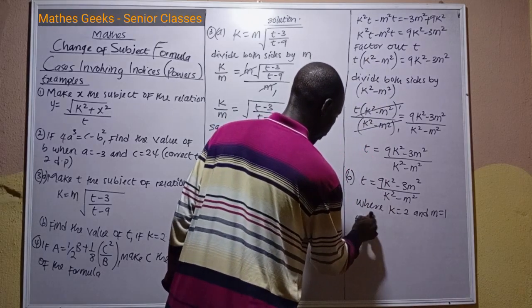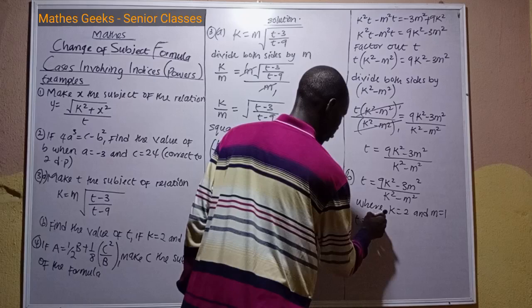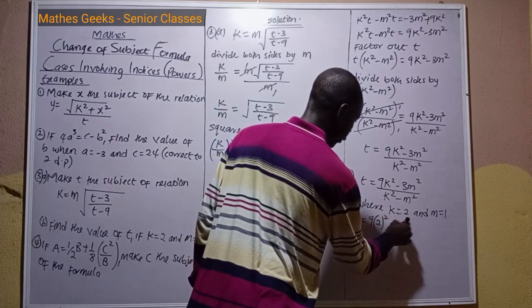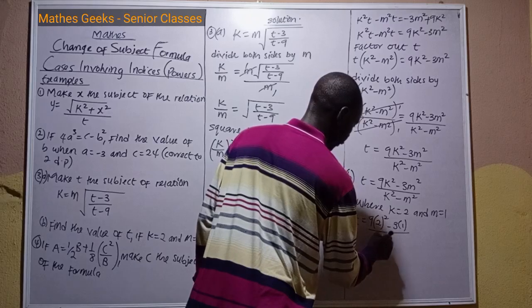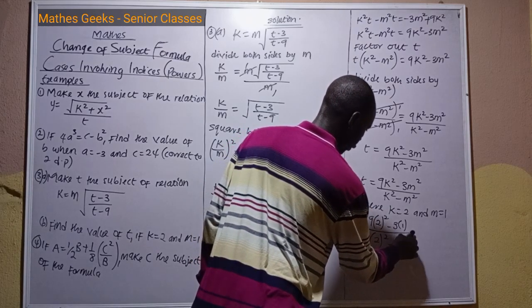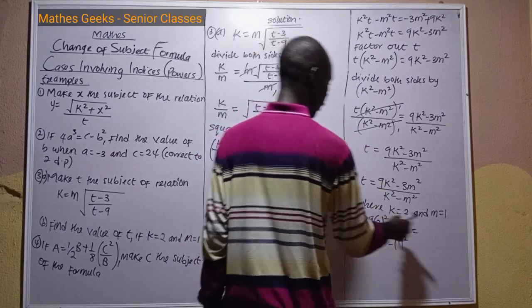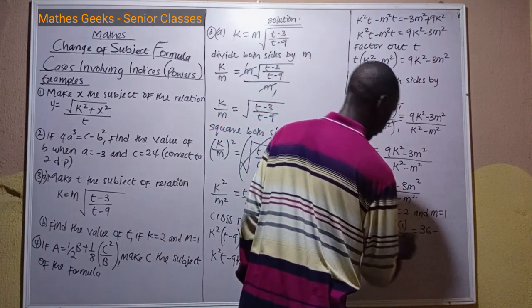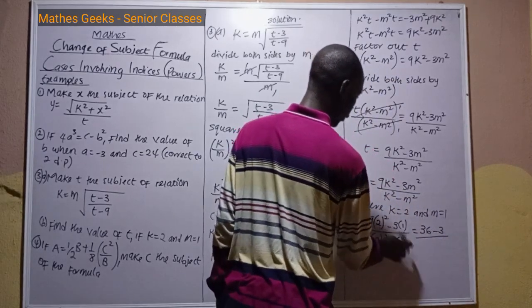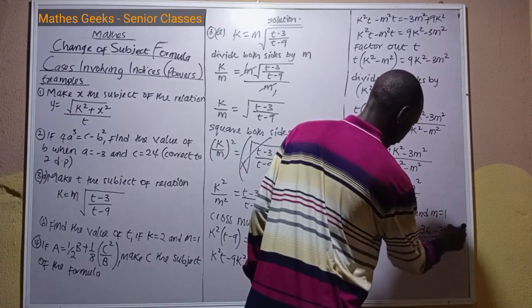So t is equal to, in place of the letters, you put the respective values: 9 times 2 squared minus 3 times 1 squared, over 2 squared minus 1 squared. 2 raised to power 2 is 4. 4 times 9 is 36, minus 3 times 1 is 3. 2 raised to power 2 is 4, minus 1 raised to power 2 is 1.